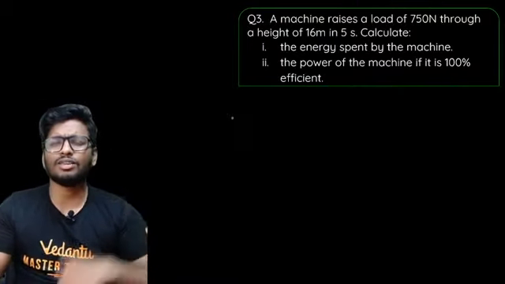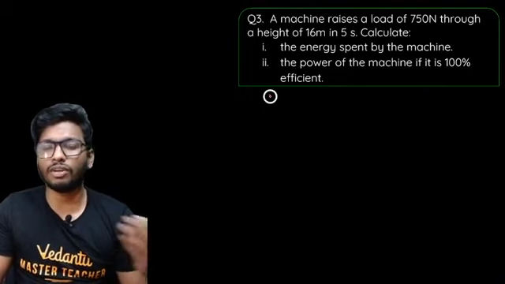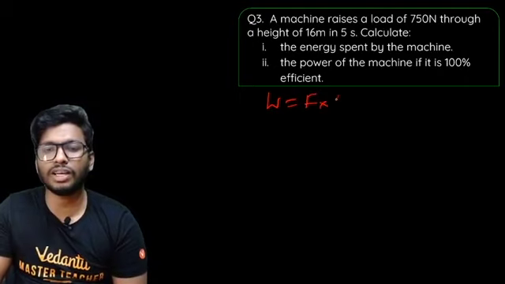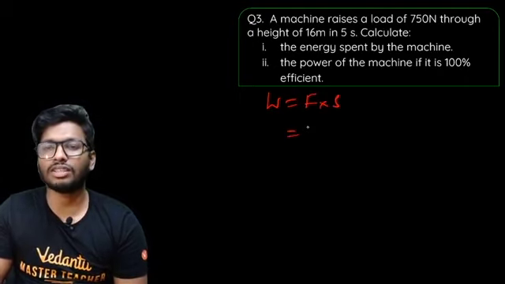Very simple question. So if you want to calculate the energy, just use the work done formula. Work done is equal to force into displacement. So what is the force? Force is 750 Newton into displacement is 16.